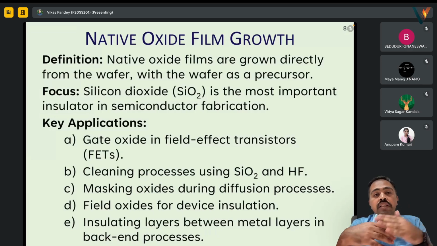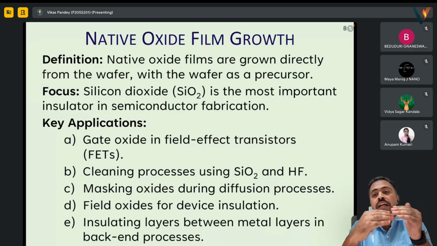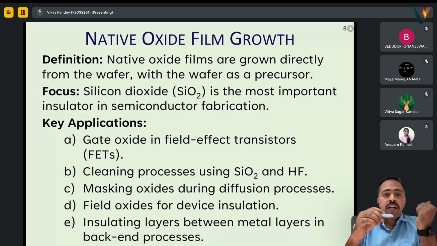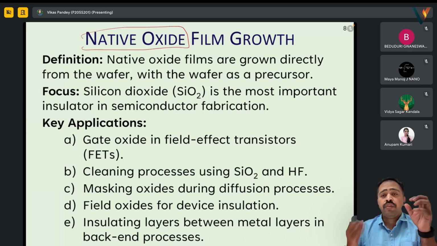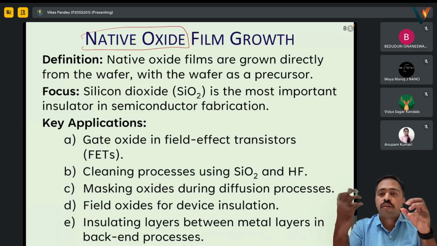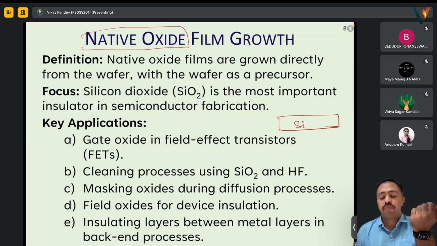Now the next thing is growth. Like we are growing some oxide over it. That is called native oxide, because we are not bringing anything from outside. If we have a silicon wafer, we use this silicon wafer itself to create a layer of SiO2.